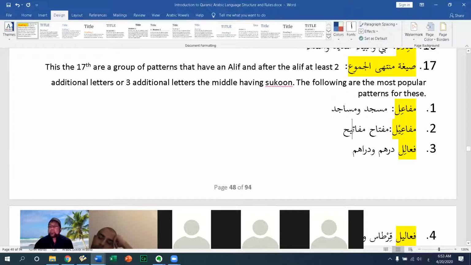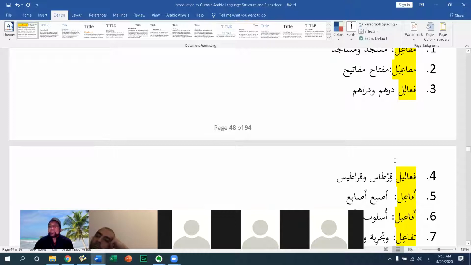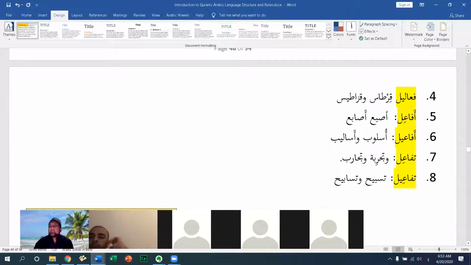The Quran used it without the ya because that was the plural of maftah. فعاليل درهم ودراهم. فعاليل قرطاس وقراطيس. قراطيس is used in the Quran. أفاعيل أصبع وأصابع. أفاعيل أسلوب وأساليب.